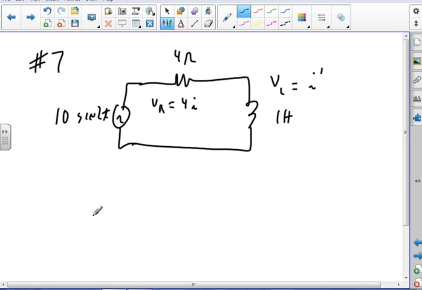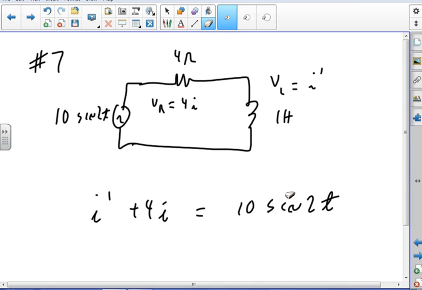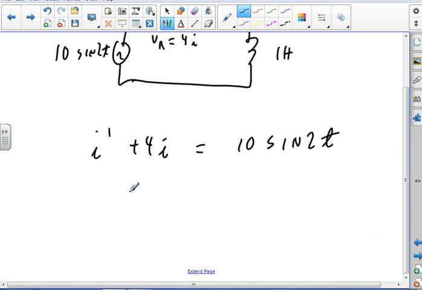Okay, so I can write that I prime plus 4I is equal to 10 sine 2t. All right, so my P of x is 4, and my Q of x is 10 sine 2t.